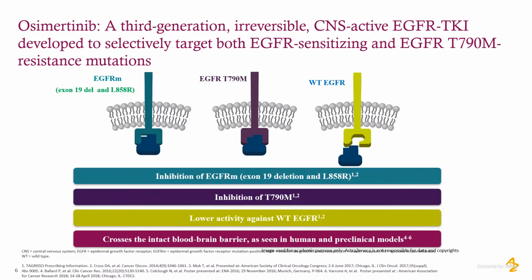So it causes inhibition of EGFR mutant exon 19 deletion and exon 21 mutation, and inhibition of T790M. It has lower activity against wild type EGFR. It crosses the intact blood-brain barrier, as we now find clinically also.